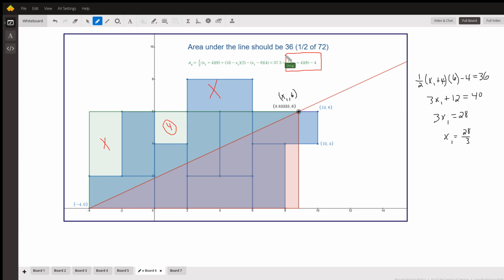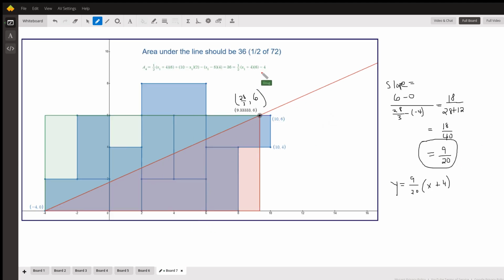And so if we want that area to equal 36, not 37.5. So if I take that formula, set it equal to 36, and solve for x sub 1, it turns out that the x coordinate has to be 28 thirds or 9.333.